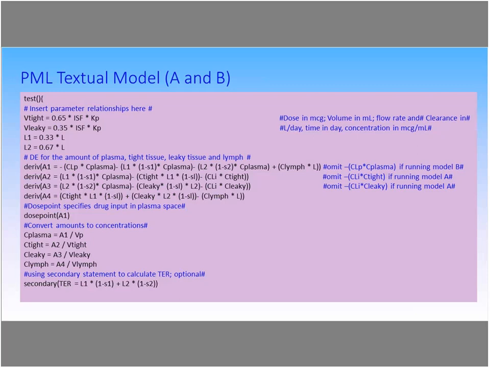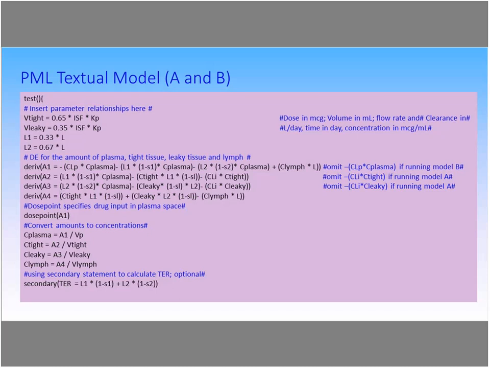Like I said, I just provide you the textual model to run both model A and B, or we can run it combined when you have more data later. So let's go through the model together.